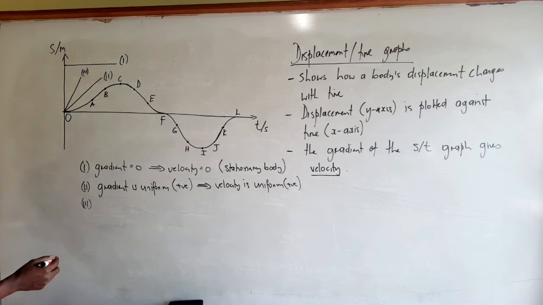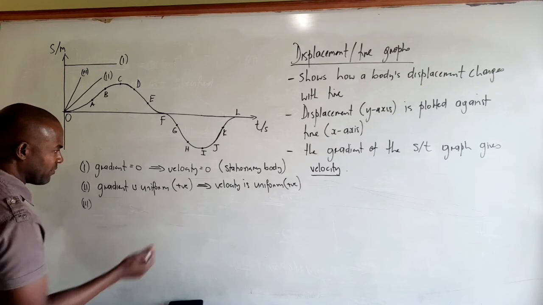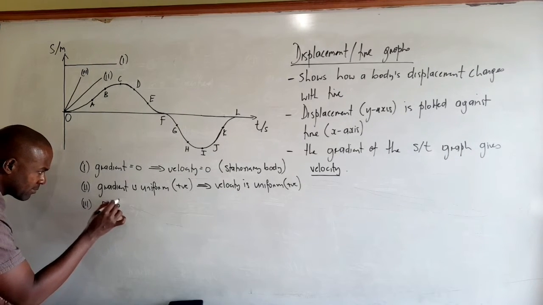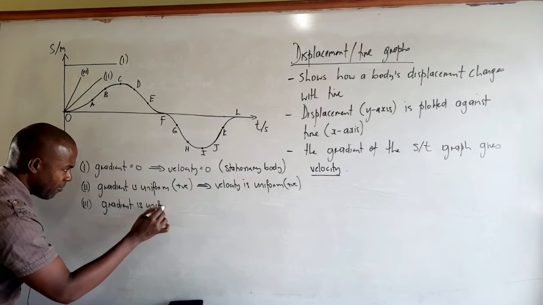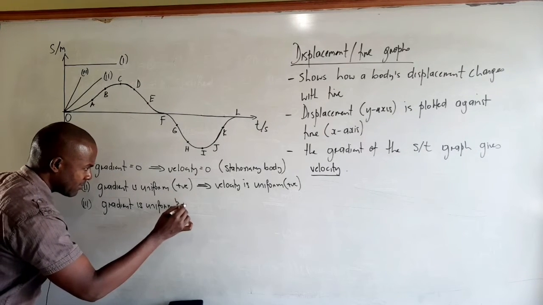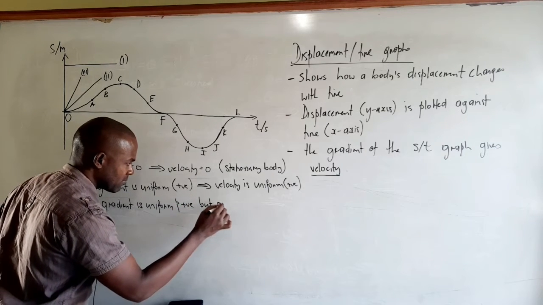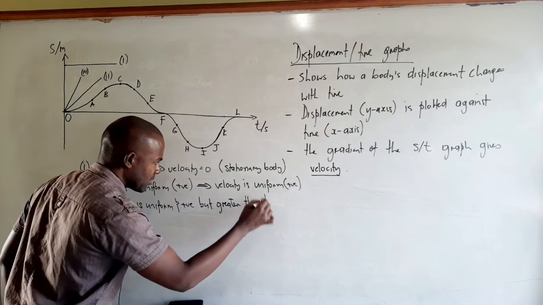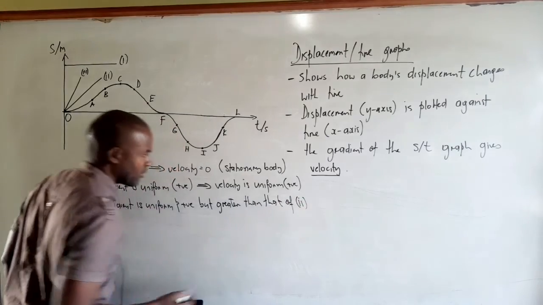So the gradient is uniform and positive, but of course greater than that of graph 2, right?